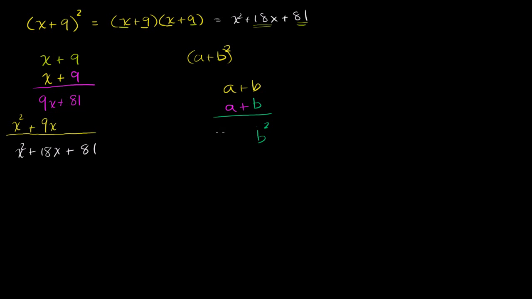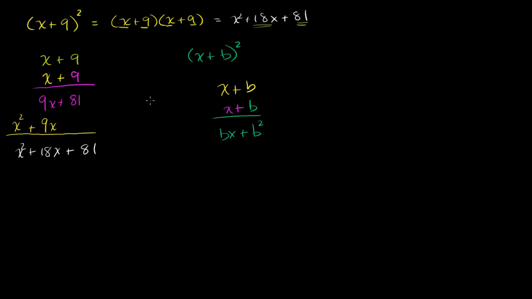Actually, let me change that up even better. Let me make this into x plus b. x plus b squared, and we're assuming b is a constant. So it would be x plus b times x plus a green b right there. So assuming b is a constant, b times b is b squared. b times x is bx.